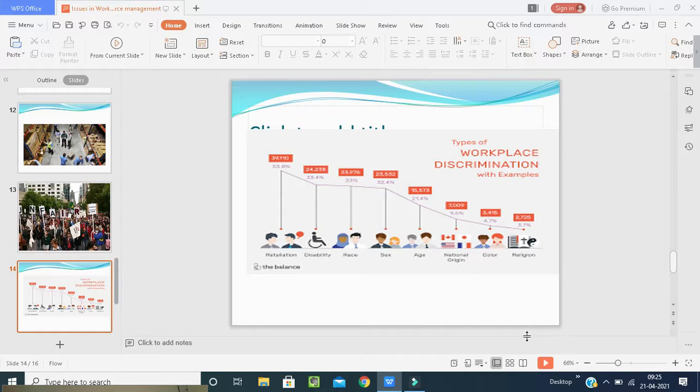Next, if you see in this picture, these are the types of workplace discrimination. First, there should be a good relationship and a balance. I mean, reference will be there.